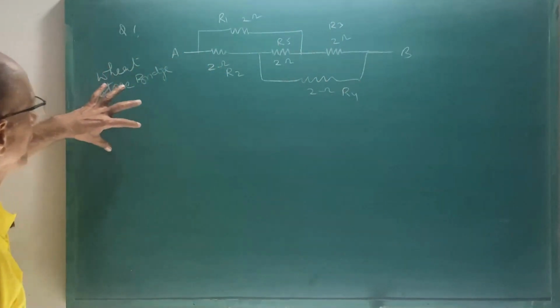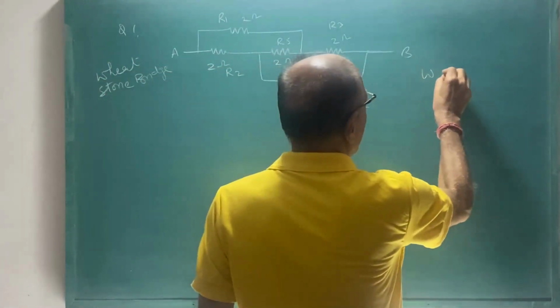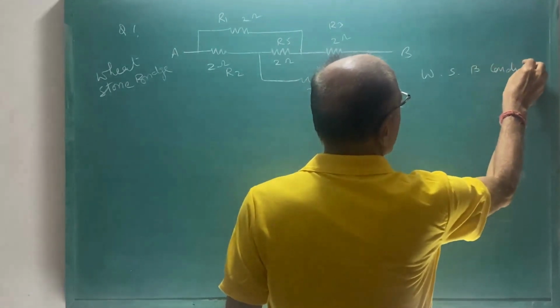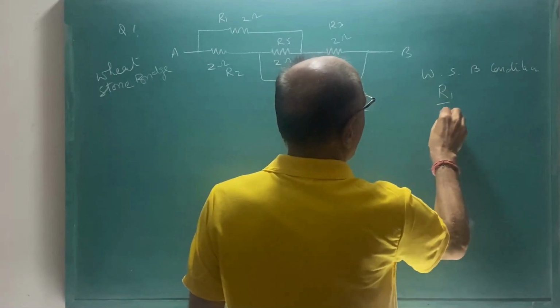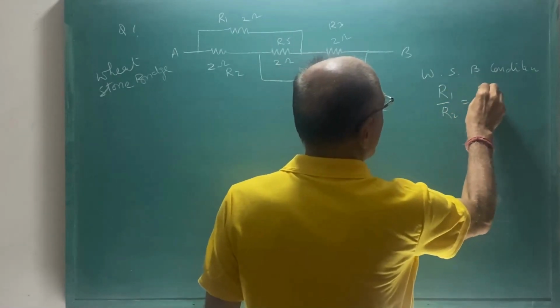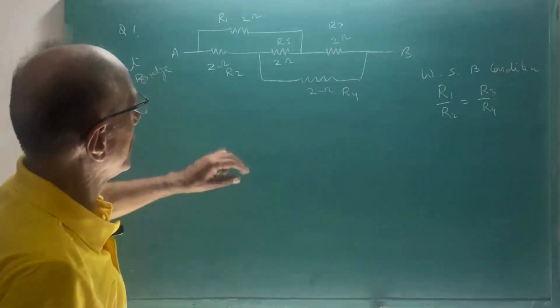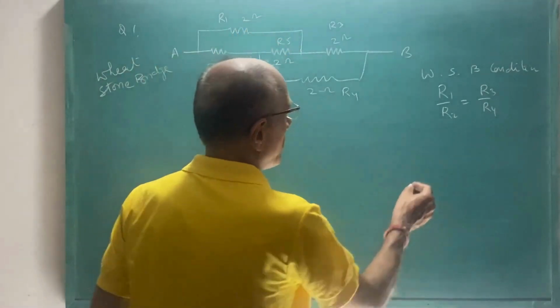So what is the Wheatstone bridge condition? The Wheatstone bridge condition is, if R1 upon R2 is the same as R3 by R4, then no current is to flow through this. This circuit can be drawn like this.